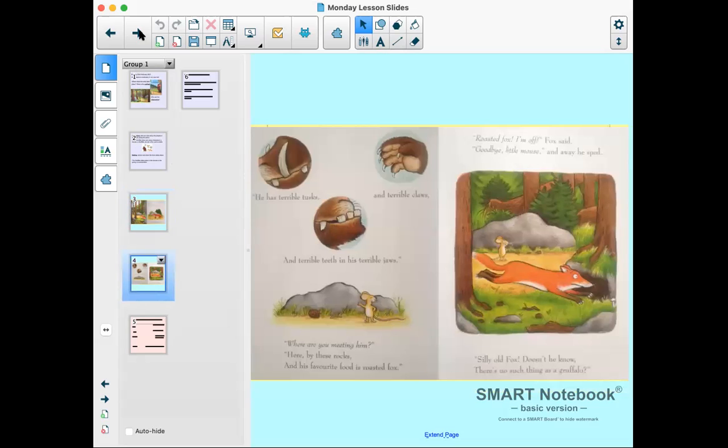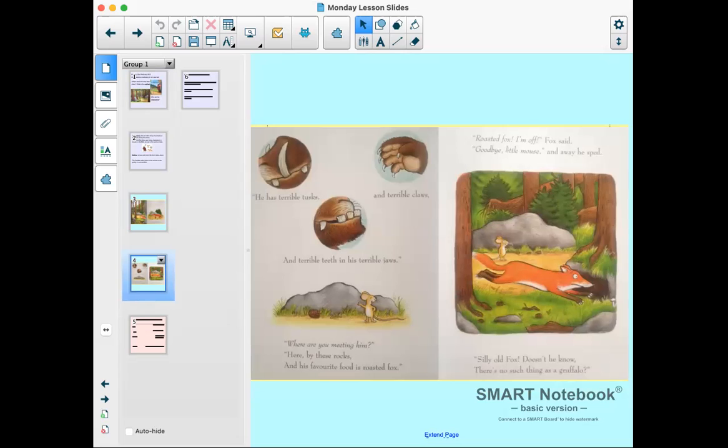He has terrible tusks and terrible claws and terrible teeth in his terrible jaws. Where are you meeting him? Here by these rocks. And his favorite food is roasted fox. Roasted fox? I'm off, Fox said. Goodbye, little mouse, and away he sped. Silly old fox, doesn't he know? There's no such thing as a Gruffalo.